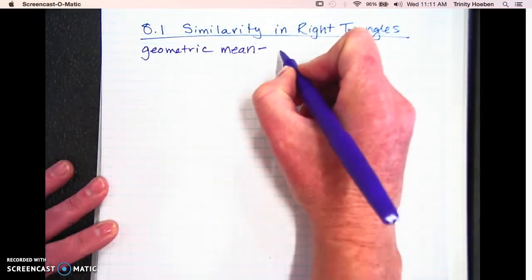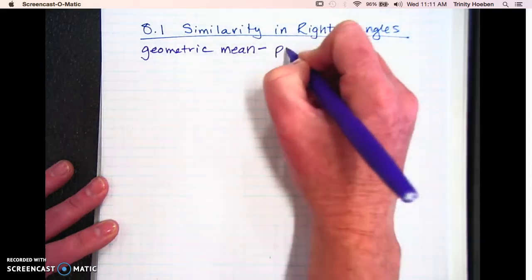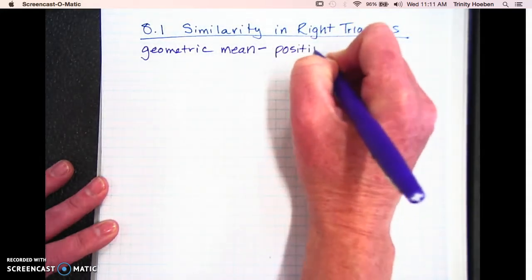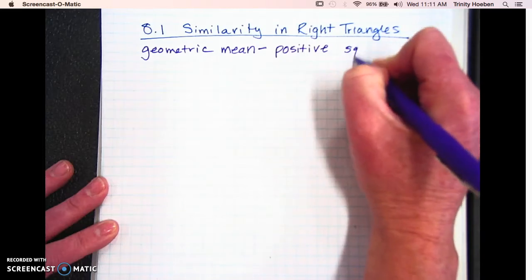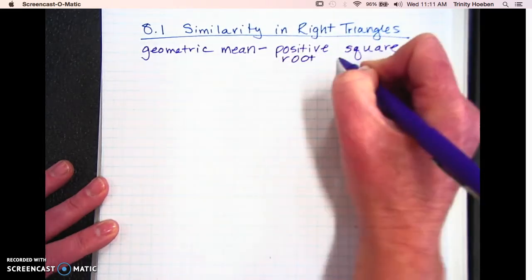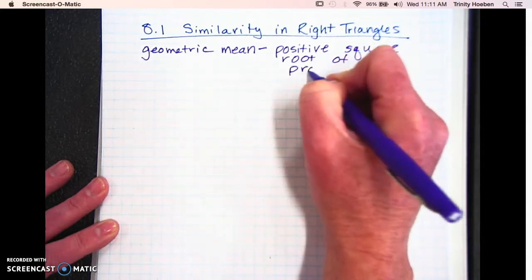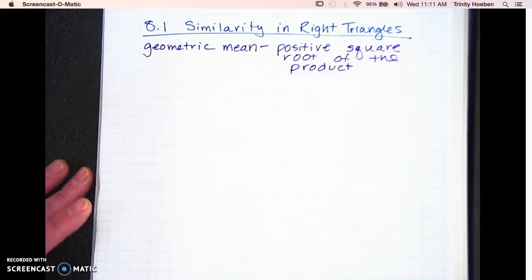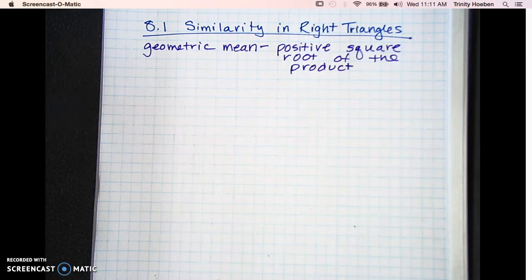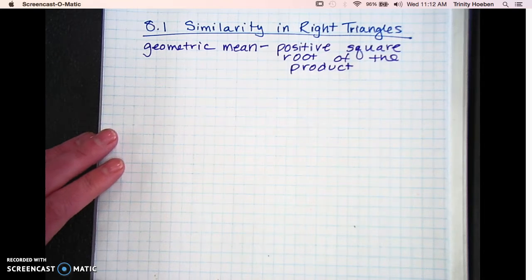And instead of adding them all up and dividing by how many they give us, we're going to find the positive square root of the product. Positive square root of the product. So product indicates what operation? Multiplication, right?